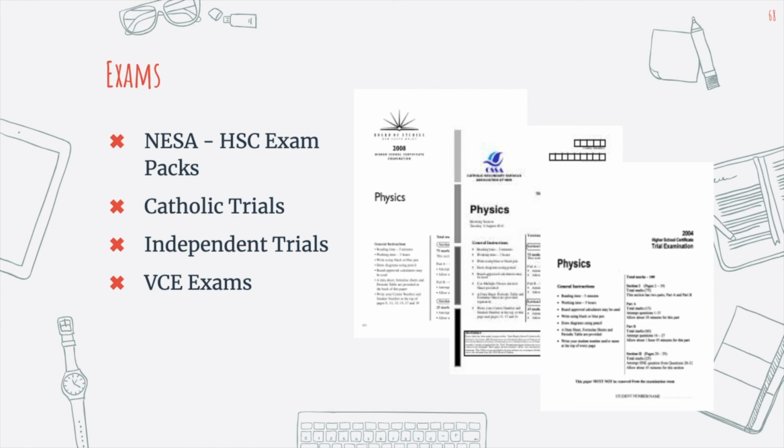If you're really on top of practicing past examinations, then have a look at some of the VCE exams from Victoria. Their physics syllabus encompasses most of our physics syllabus and will provide you with an additional resource to prepare for our HSC examination.